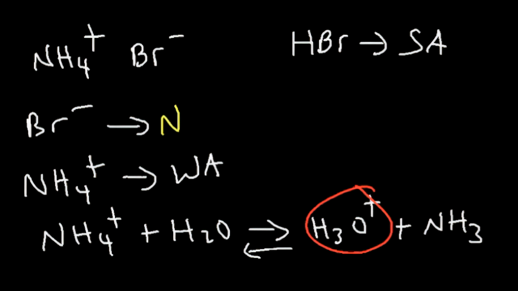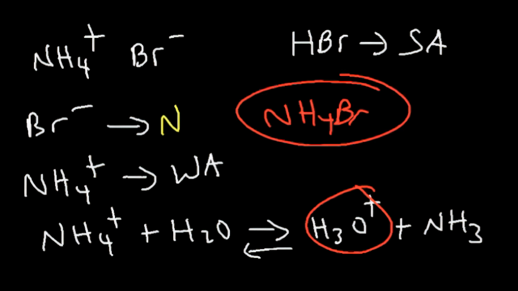So it increases the hydrogen ion concentration in water, thus making the solution more acidic, and so the pH will decrease. So NH4Br is considered to be an acidic salt. If you put it in water, the pH will decrease below 7, and so B is the right answer for this problem.